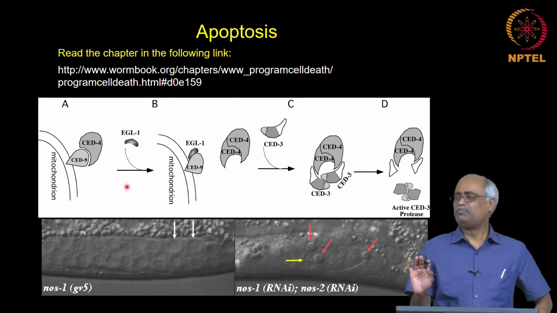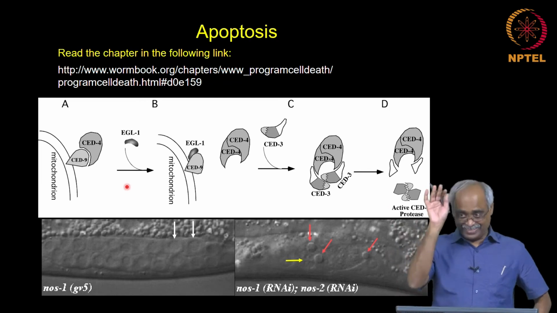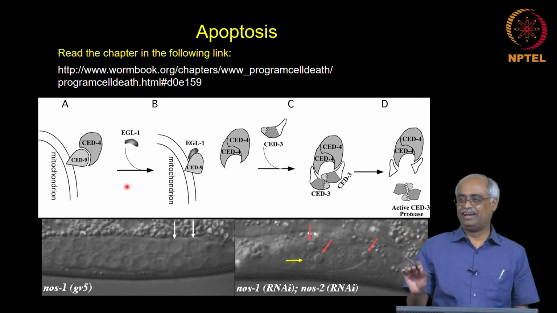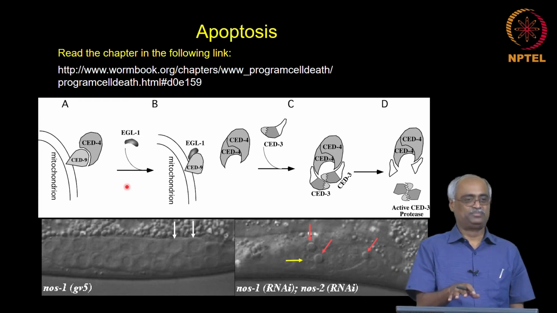So 959 plus 131 is how many? Whatever that number is what is produced normally. Of that, 131 die for sure, and the remaining become the normal worm.